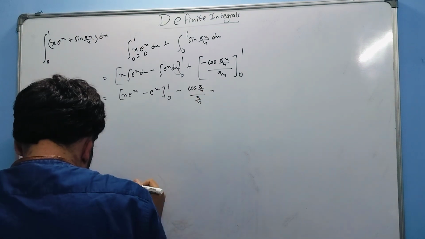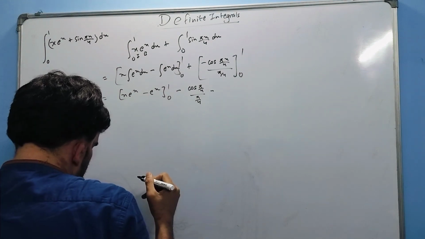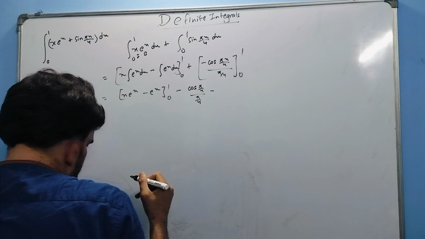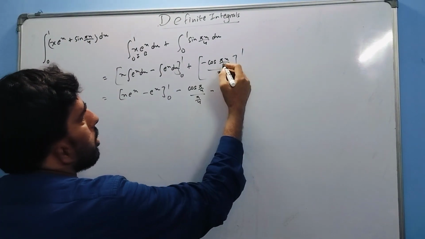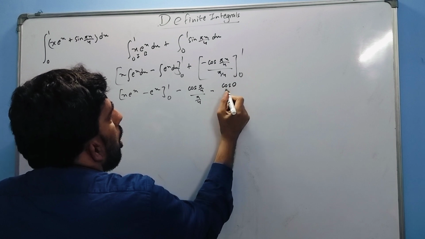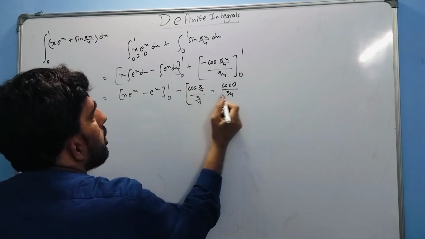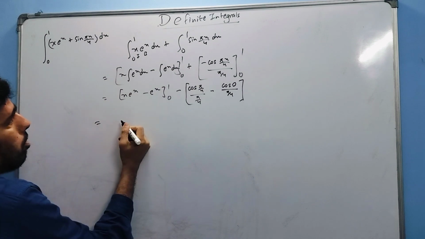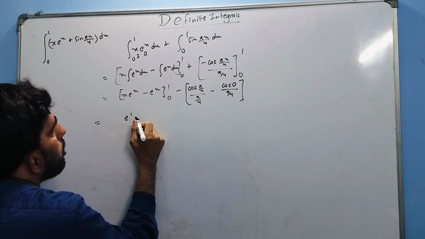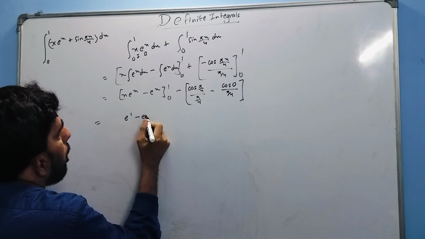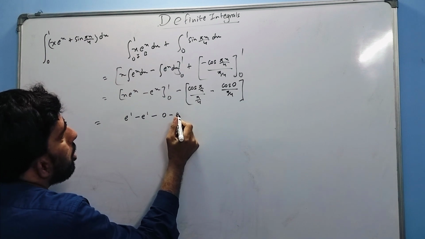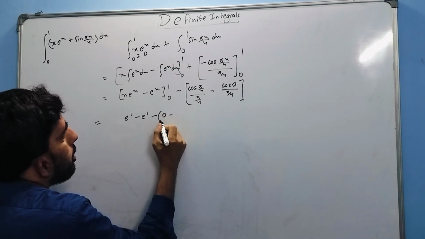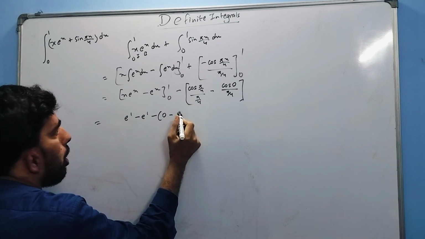now put the value for 0. Okay, just wait. We get cos 0 upon pi by 4. I am just implementing the values. So now I can see e to the power 1 minus e to the power 1, minus 0 minus e to the power 0, which will be 1.